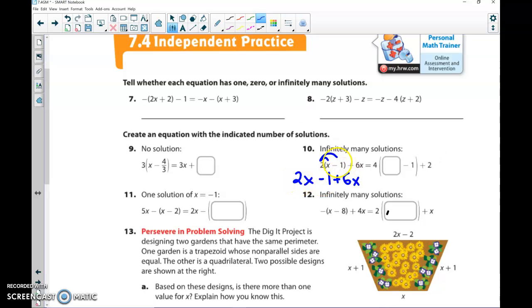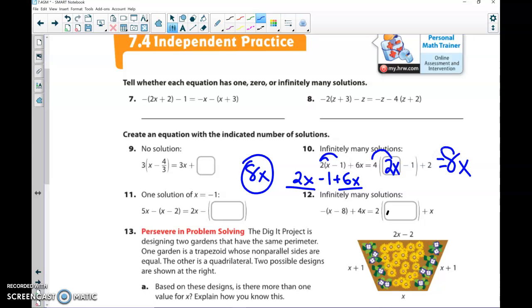So here I have a 2x and a 6x. That's going to make 8x. So somehow I need to get 8x over on the right side so that this ends up with many solutions. Well, I know it's going to be multiplied by 4. So 4 times what is going to give me that 8x. So this is one where you've got to do some in-depth thinking and make that a 2x. So now if I multiply that out, 4 times 2x will give me 8x. So I'd have 8x on the left side from 2 plus 6, and I have 8x on the right side in the 4 times 2.